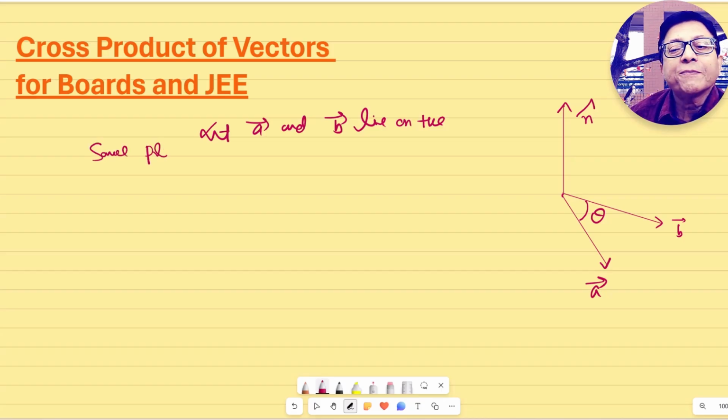Because of the concept of 3D, one unit vector has to be drawn, parallel to the given vectors.